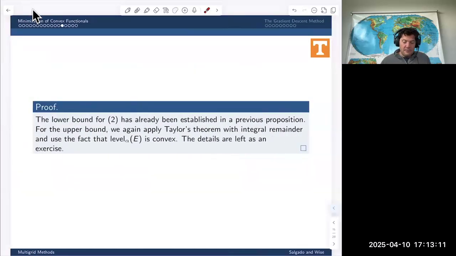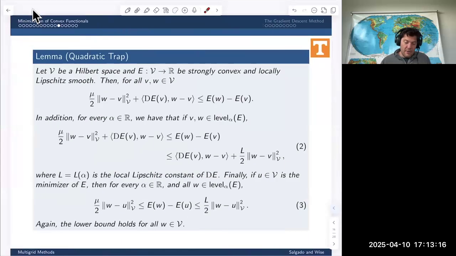All right, the lower bound was already established in a previous proposition. We already established, in slide deck number one, the last of the results that we had was this guy. So the only thing that we have to do is establish the upper bound.